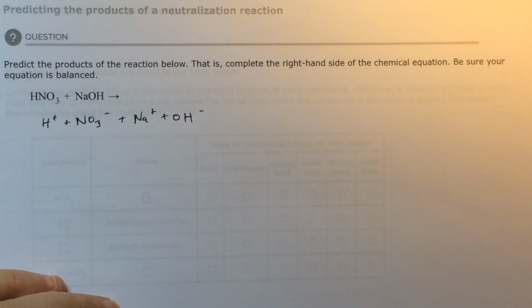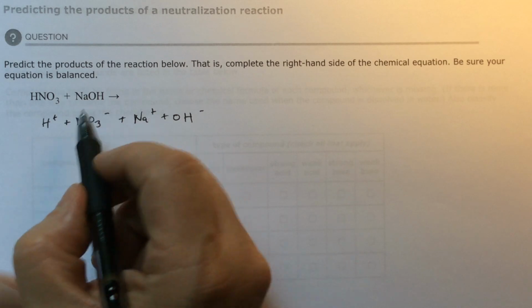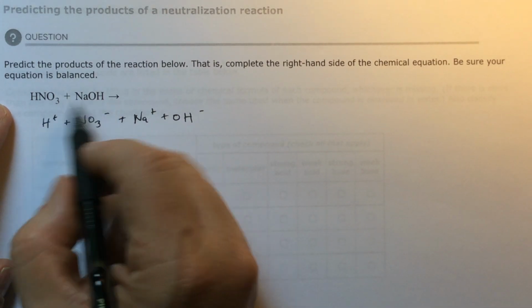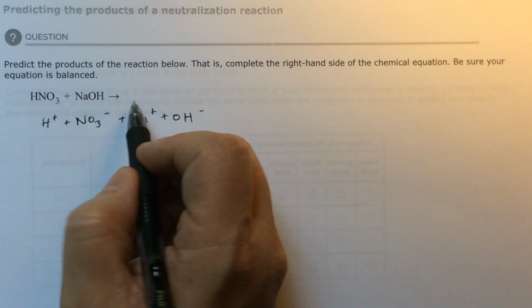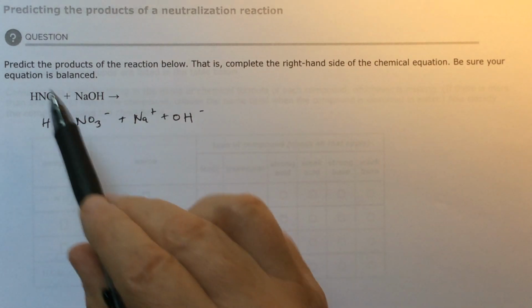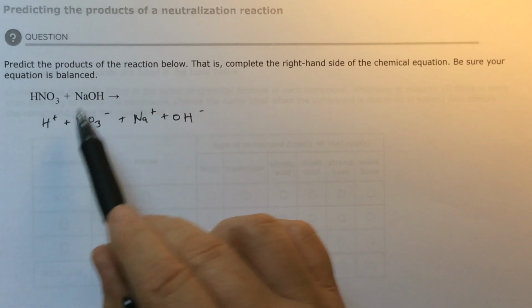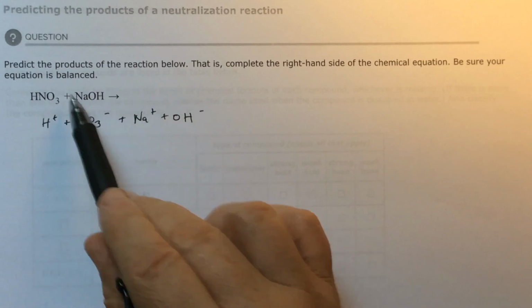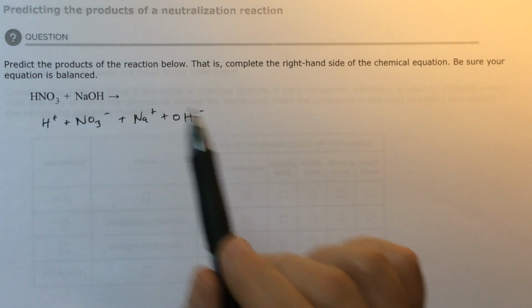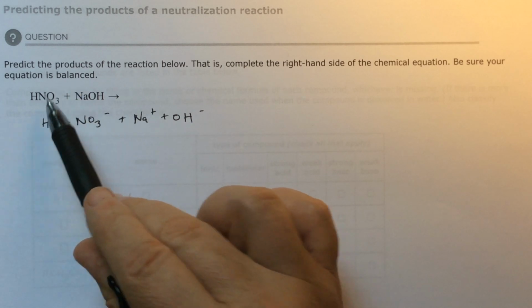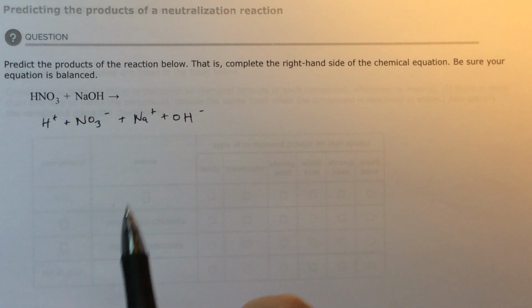Now, first of all, I have to guess what's going to happen here, and that's what they're asking for. It says predict the products of the reaction. This is not balanced or anything, of course, because I don't even have 2 sides yet. What would happen if I put a strong acid and a strong base together?